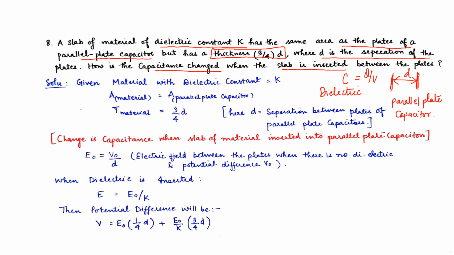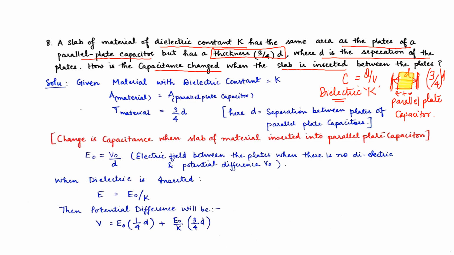The dielectric constant for this dielectric material is K, and this dielectric has a thickness of 3 upon 4 D. So this dielectric will come here like this, and its thickness t is 3 upon 4 times the d.